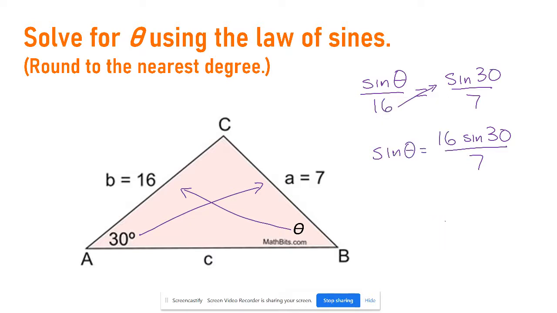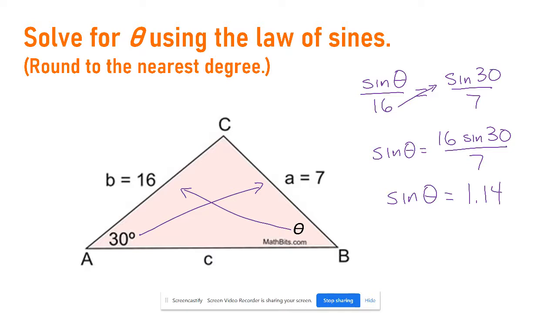If I get 1.14 for sine of theta, I've got a problem. One thing we know about the sine of any angle, no matter how big, no matter how small, no matter whether it's positive or negative, is that it's always going to be a number that's greater than or equal to -1 and less than or equal to +1.